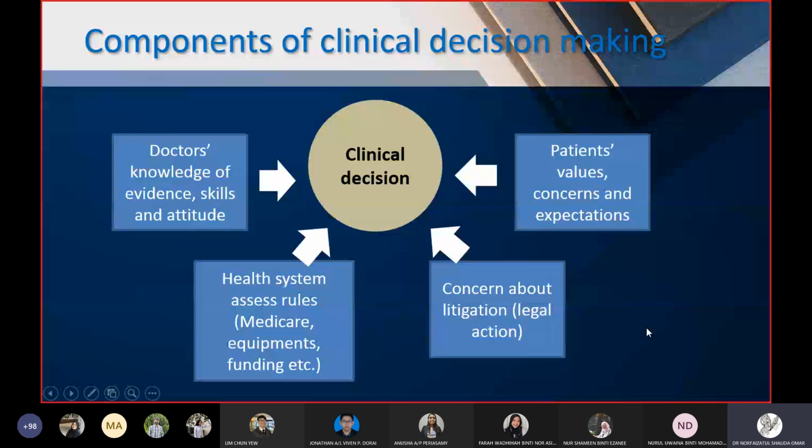On the matter of legal issues, like I mentioned, patients nowadays are very educated and they know their rights, and you also need to know your rights as a doctor. You know the limitations. Even nowadays, if you want to use blood transfusion or blood donations, there is already a consent form that you need to sign.